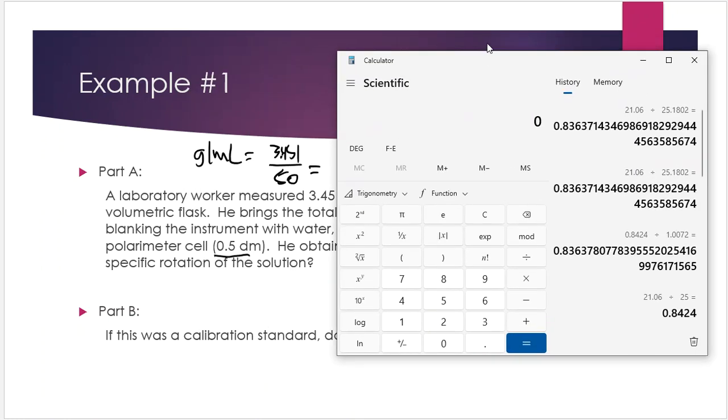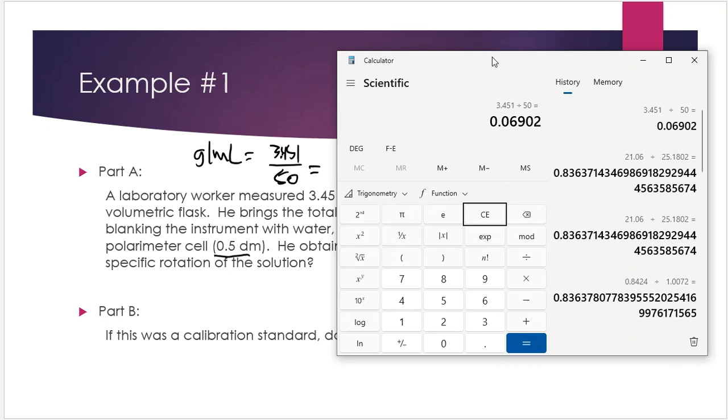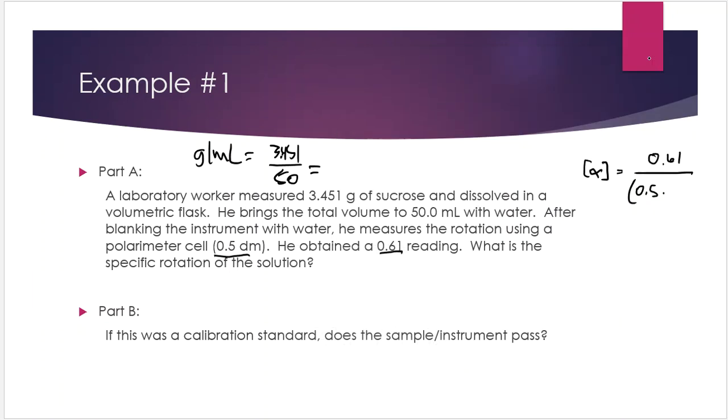So I'll take 3.451 and divide this by 50, and then I hit enter, and I get a concentration of 0.06902.